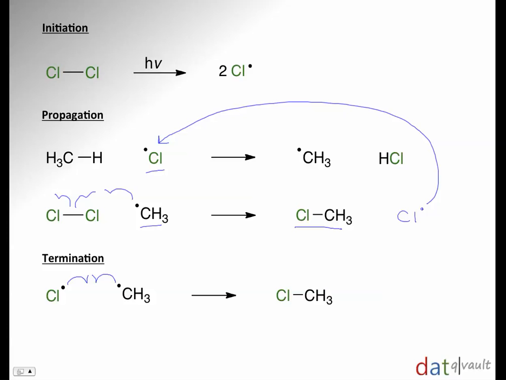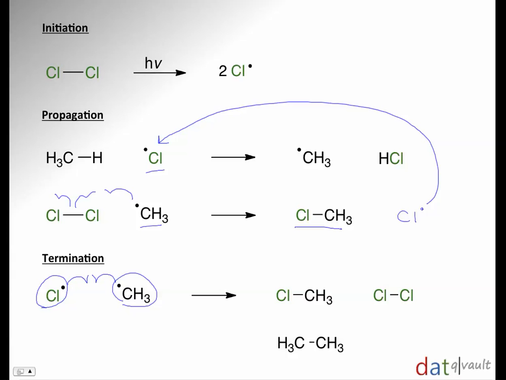The termination step can also lead to a couple different byproducts. For instance, if we have two chlorine radicals reacting with each other, we can get out one of our starting materials, which is just chlorine. And if we have two methyl radicals reacting with each other in solution, we can get out ethane, which is obviously not the product that we want because we're looking for a halogenated product.